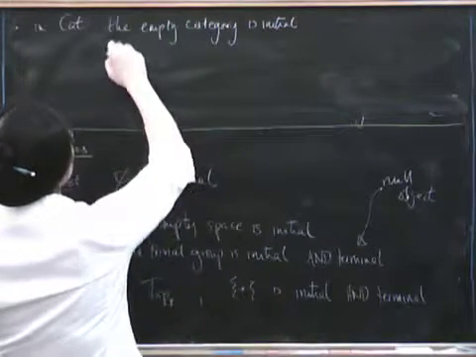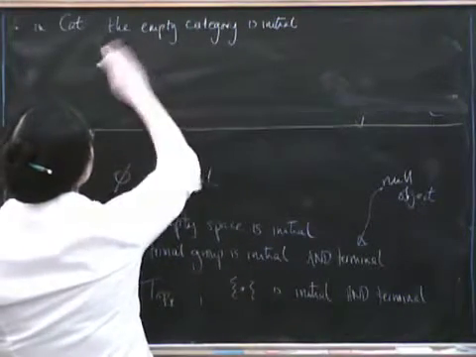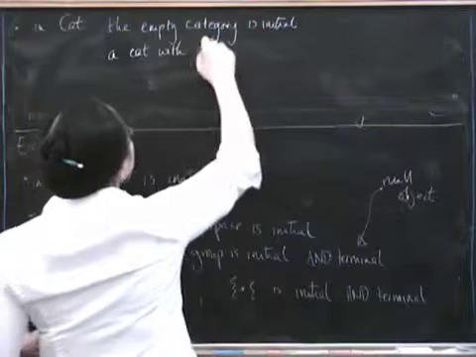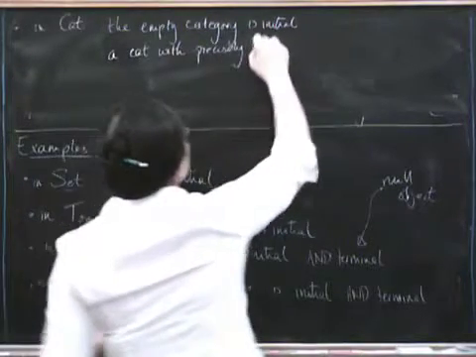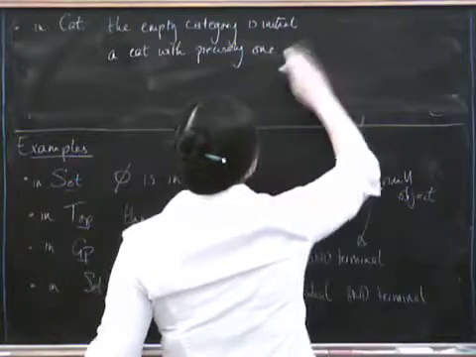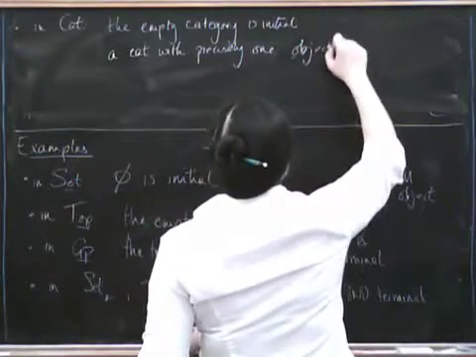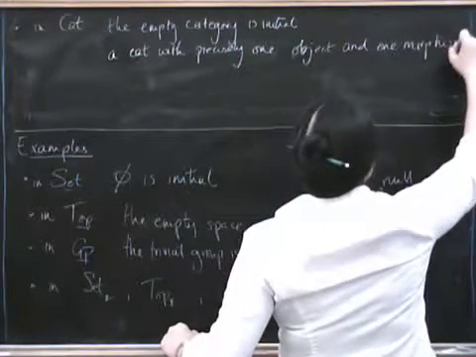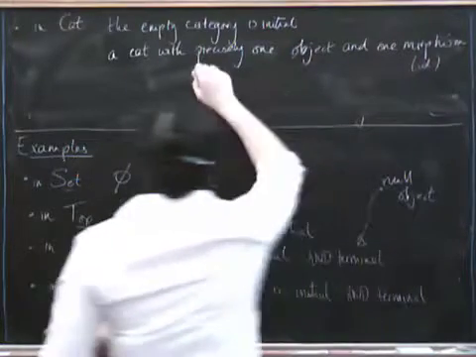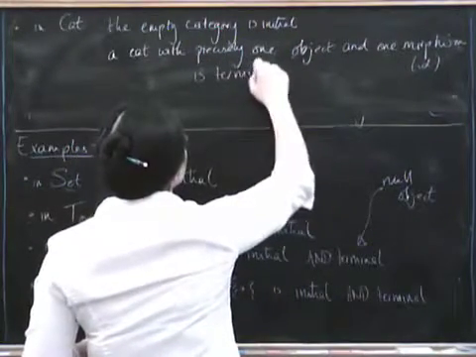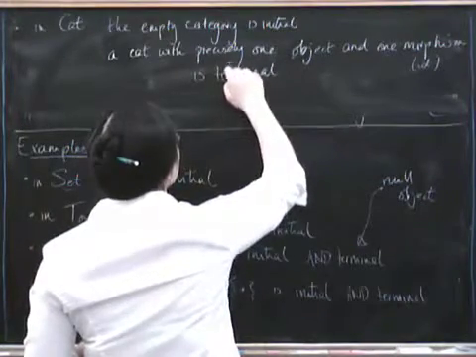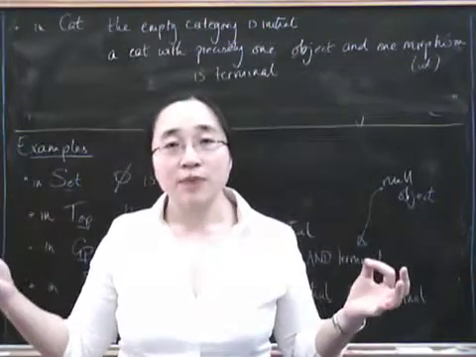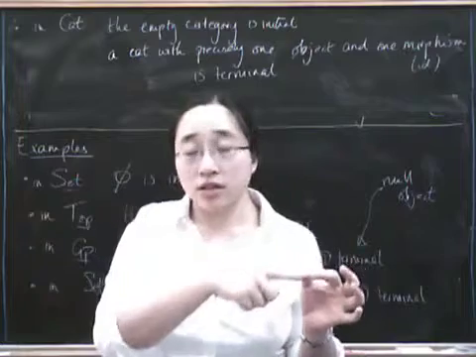And for the terminal category, we have any one-element category, a category with precisely one object and one morphism. Of course, if there's only one morphism, it has to be the identity. That is terminal. Because if you think about a functor from any other category to this one, there's no choice about where you send the objects, because they've all got to go to the one object here, and then there's no choice about where to send any morphisms either, because they've all got to go to the single morphism that's here.